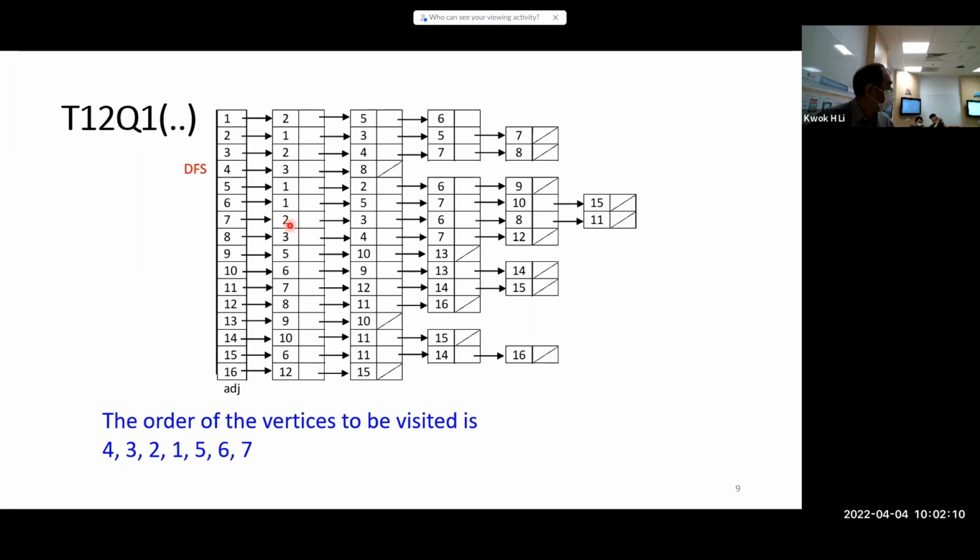So be careful. From 7, you go to 2, visited already. 3 has been visited. 6 is there. 8 is new, right? So we go to visit 8, because from 7, you can go to 8. So the next one is 8 here.